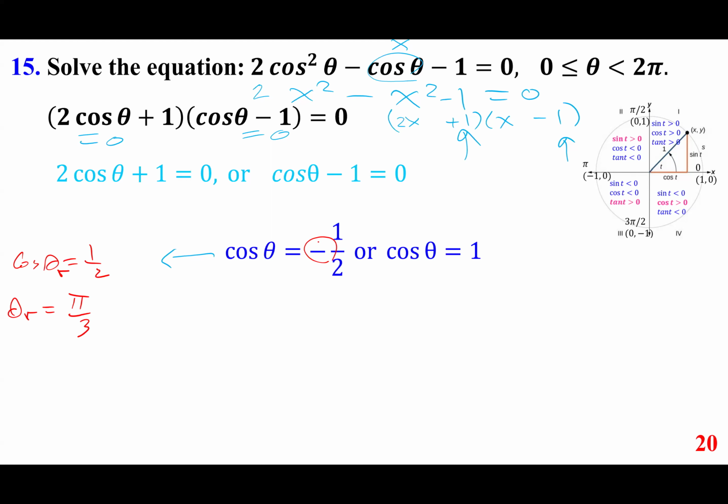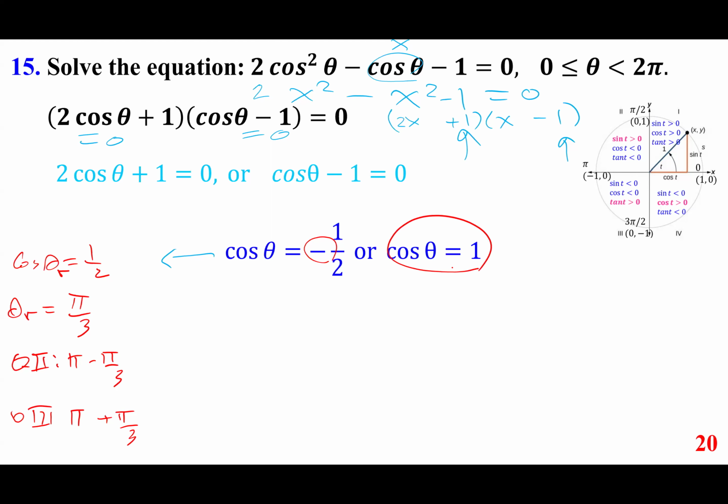In the second as well as the third quadrant. In the second quadrant, you say π − π/3. In the third quadrant, you say π + π/3.